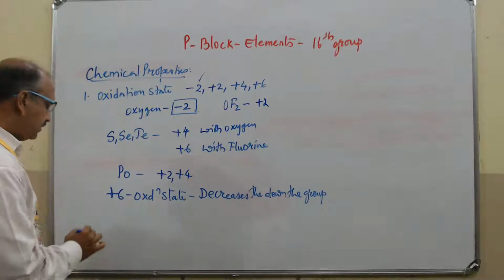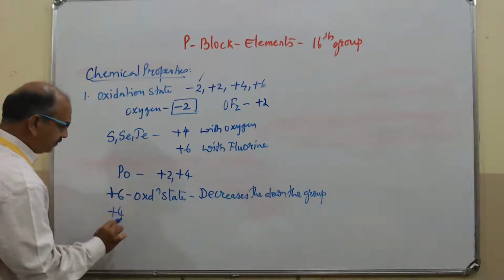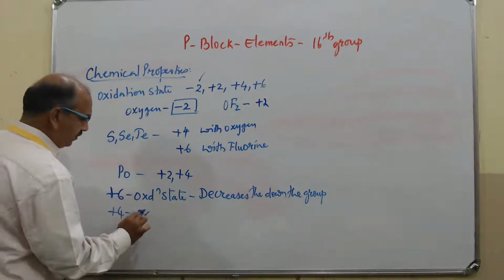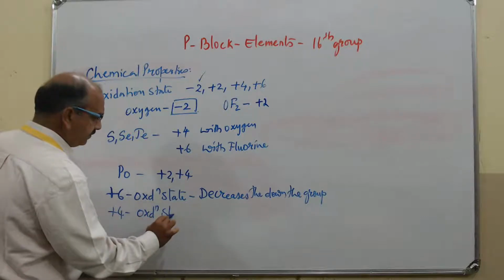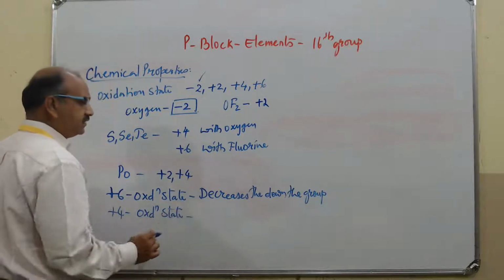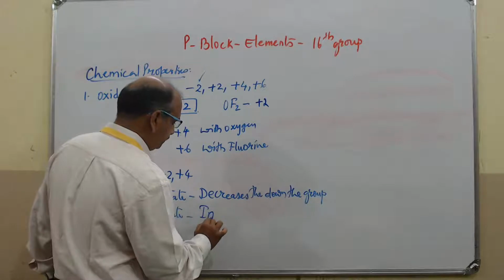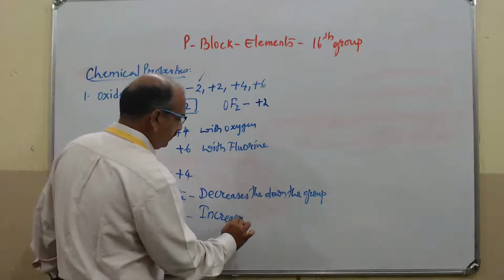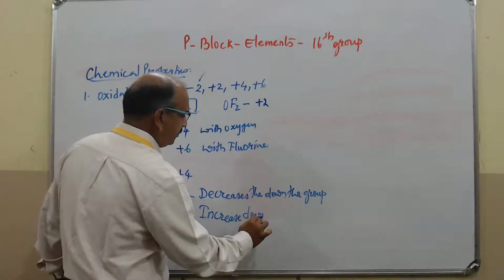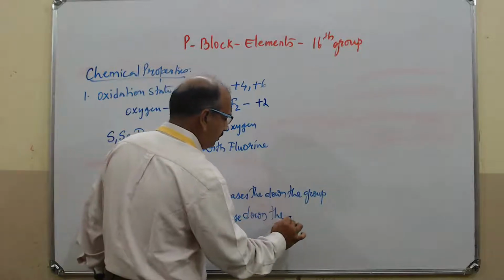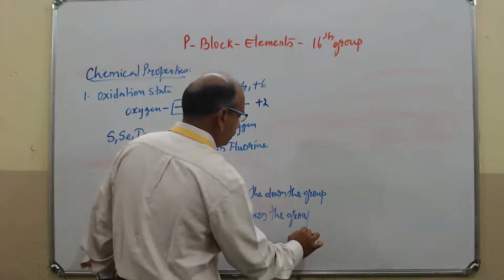Why? The +4 oxidation state increases down the group. Why does it increase down the group?